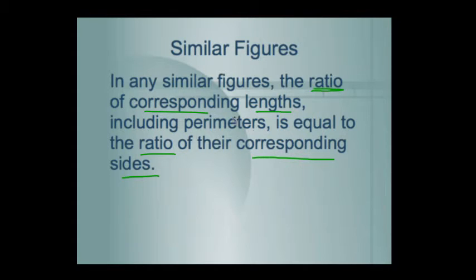Alrighty, so corresponding lengths is equal to the ratio of their corresponding sides. Alright, so we're going to take a look at what exactly does that mean. With this definition, what we're really trying to find out, and the usefulness of this, is if we want to find out how much bigger or how much smaller one shape is to the other shape.